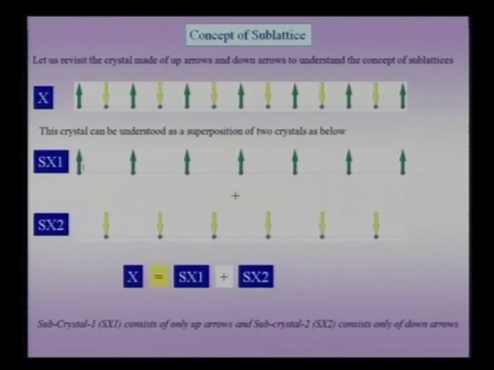Sub-crystal 1 itself can be described as up arrows sitting on these brown points, which is itself a lattice. In other words, the crystal X, which was the original crystal, can be thought of as a superposition of sub-crystal 1 and sub-crystal 2, and obviously the origin of sub-crystal 2 is shifted with respect to the origin of sub-crystal 1.